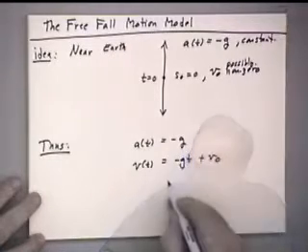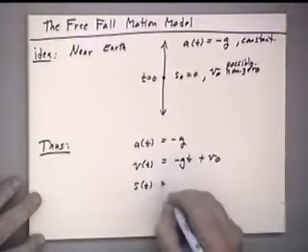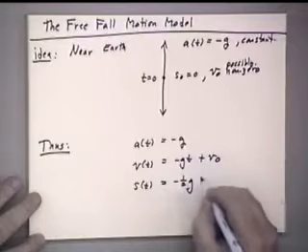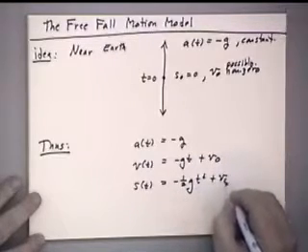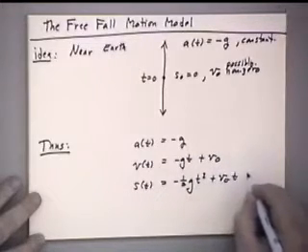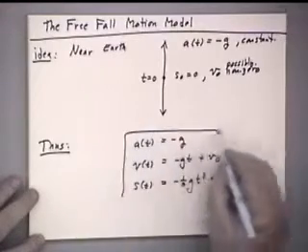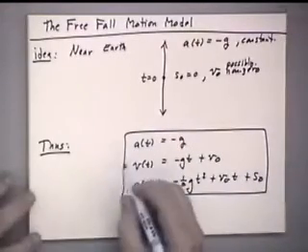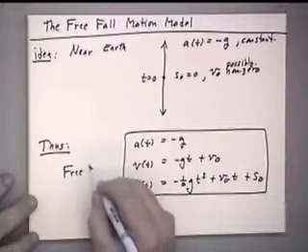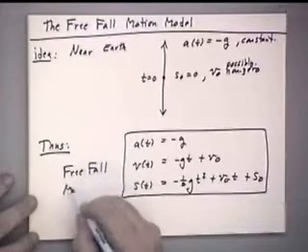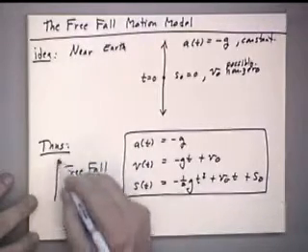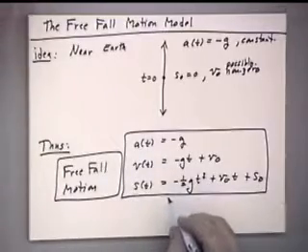So this minus g instead of a here. And s of t is minus 1/2 gt squared plus v naught t plus s naught. This slight modification is what describes free fall motion of objects that are near the Earth.